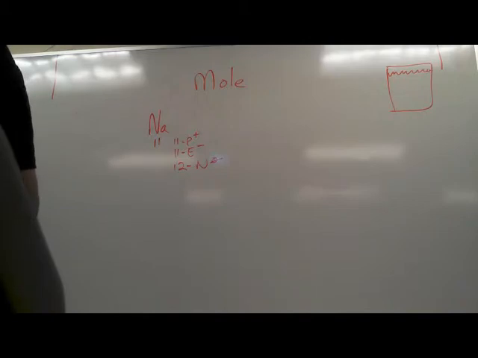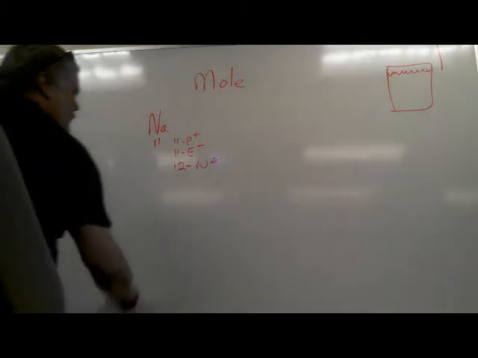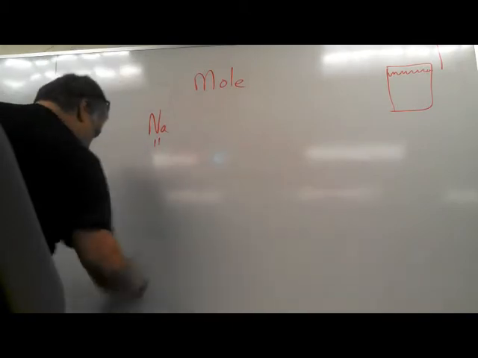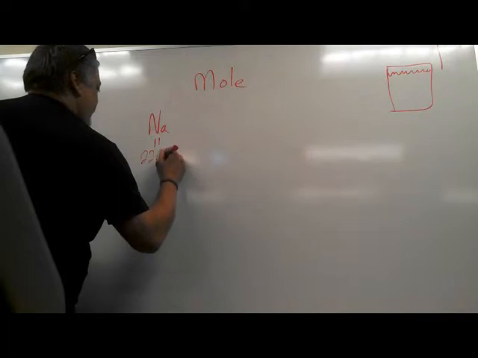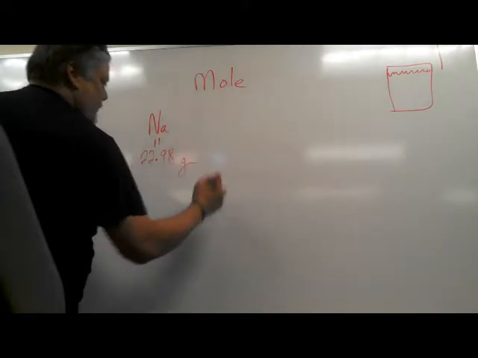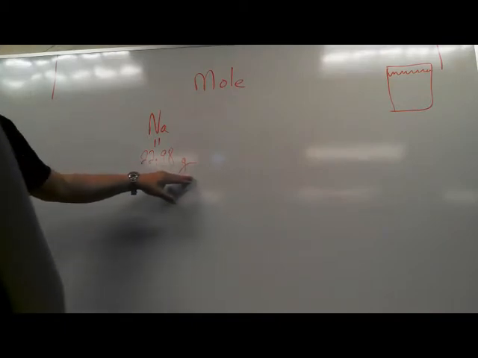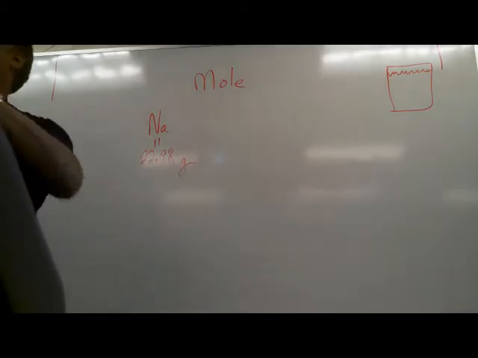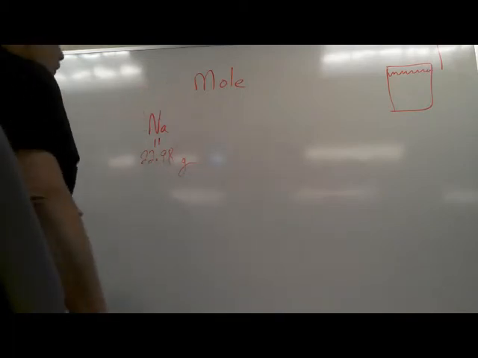Well, what the science world did was they took the 22.98, which is the atomic mass of an element, and you weigh it out in grams. So you put a gram behind every atomic mass on the entire periodic table, and what you're going to have is 1 mole of that element.